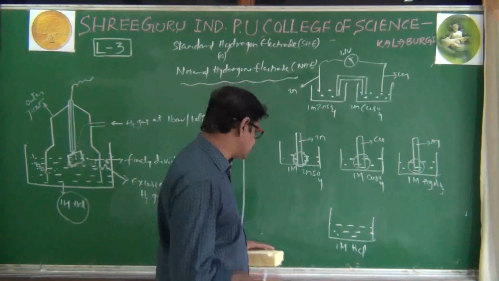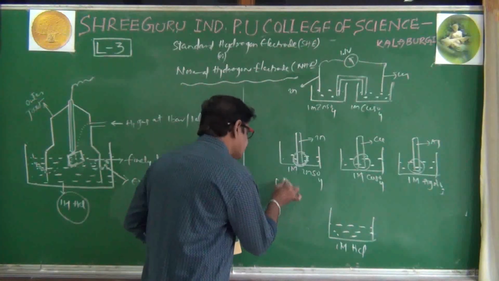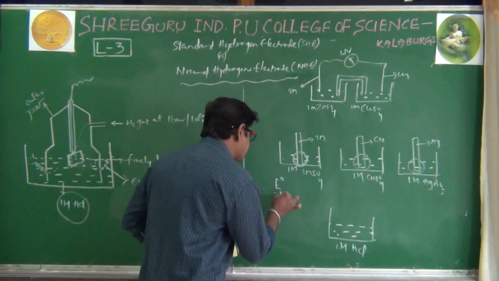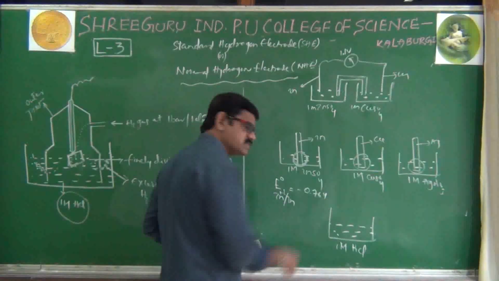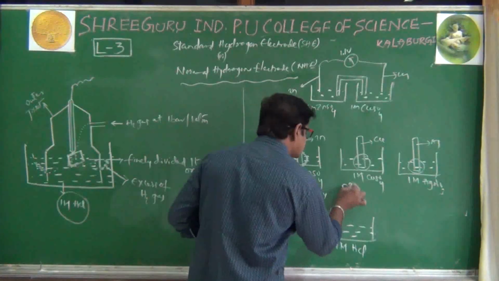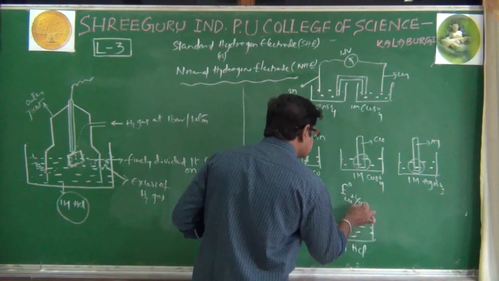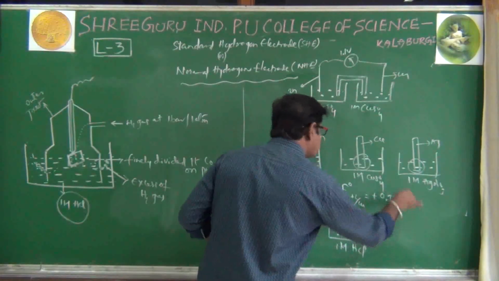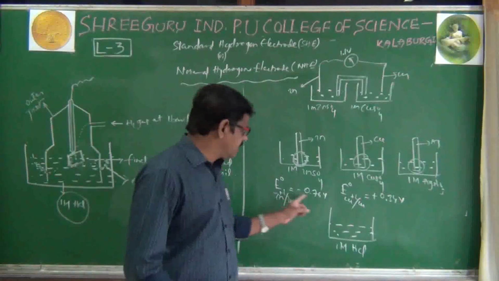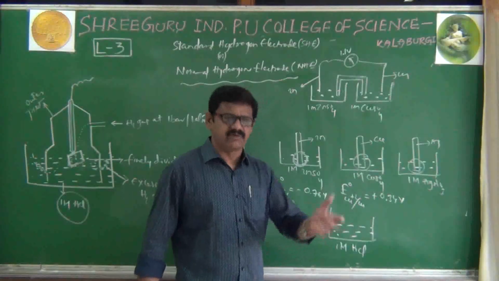But generally we write E naught, the reduction potential of zinc, as minus 0.76 volts, as well as E naught Cu2+/Cu, the copper reduction potential, as plus 0.34 volts. Like that we write the reduction potential values of various electrodes.